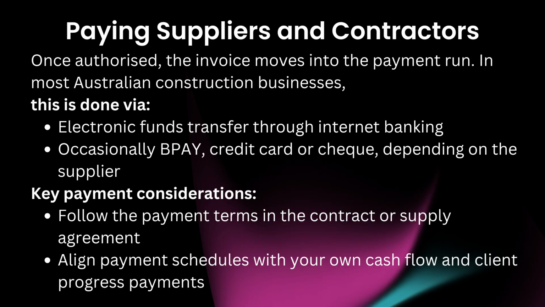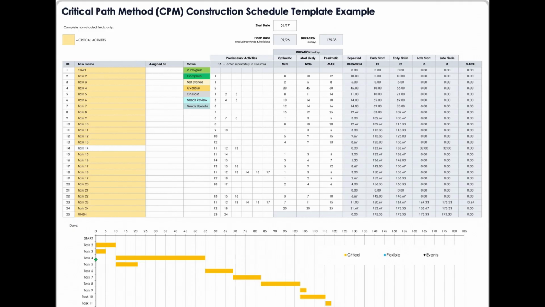Paying suppliers and contractors. Once authorised, the invoice moves into the payment run. In most Australian construction businesses, this is done via electronic funds transfer through internet banking, occasionally BPAY, credit card or cheque, depending on the supplier. Key payment considerations: follow the payment terms in the contract or supply agreement.